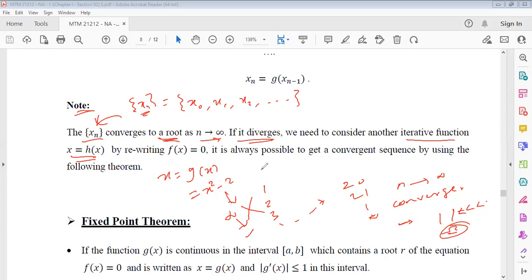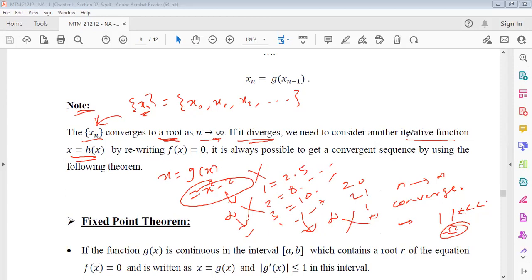For example, my first iteration is 2.5 something, my second is 8 point something, the third is 10 point something. It is increasing to infinity. When n tends to infinity it is going bigger and bigger, so my choice of function is wrong, and I need to consider another iterative function.